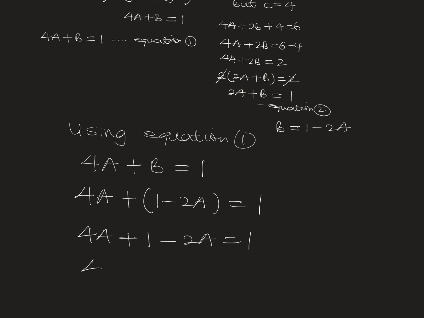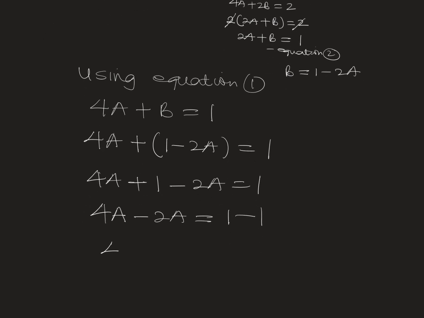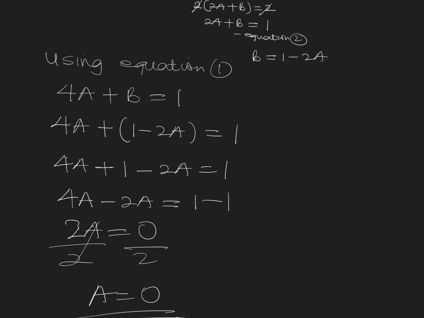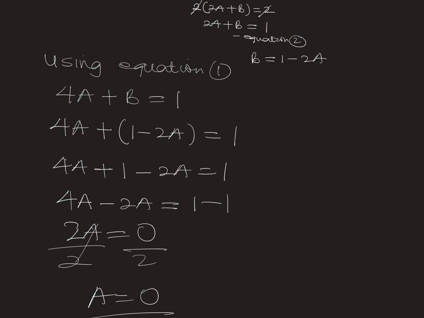So 4a minus 2a is equal to 1 minus 1. So that is 2a is equal to 0. So if that is the case, if you divide both sides by 2, a will be equal to 0. Okay? So if a is equal to 0, what is b? Using this, b is equal to 1 minus 2a. So that will be 1 minus 2 into 0. So that will be 1 minus 0. So therefore b is equal to 1.